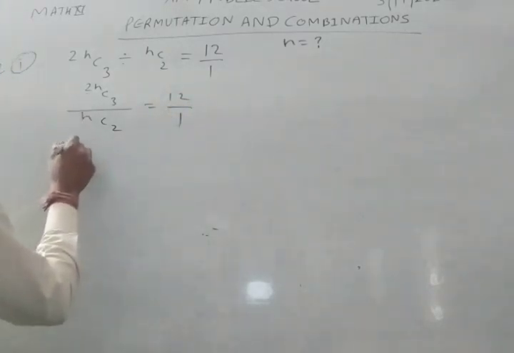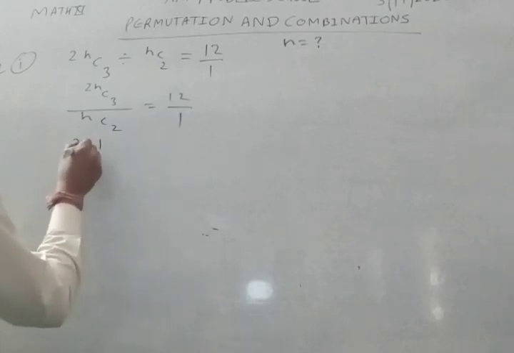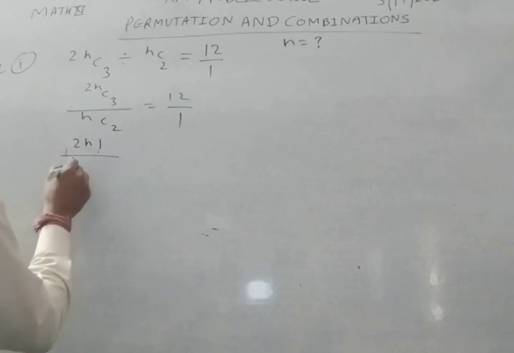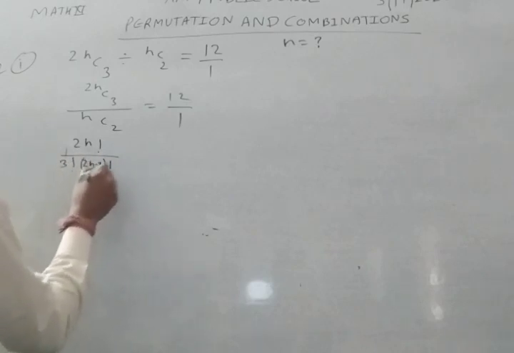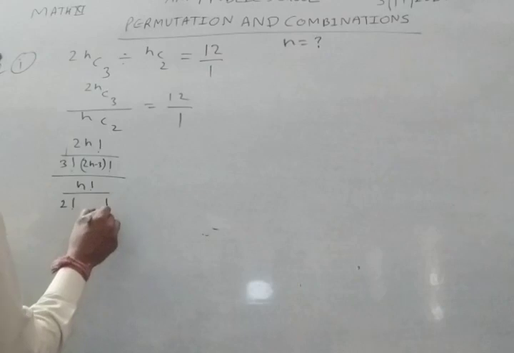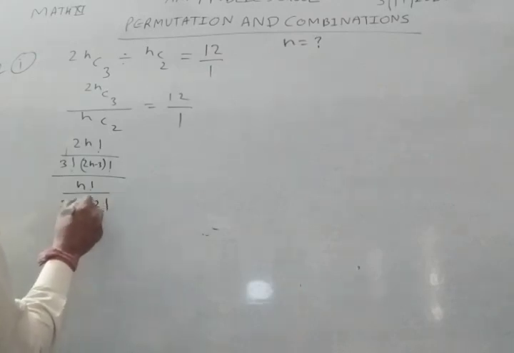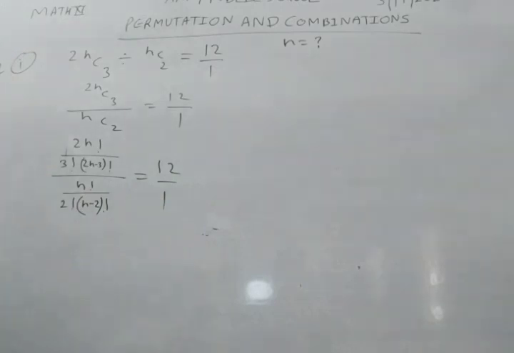Now we write this: factorial 2n by factorial 3 factorial 2n minus 3, divided by factorial n divided by factorial 2 factorial n minus 2, is equal to 12 by 1.